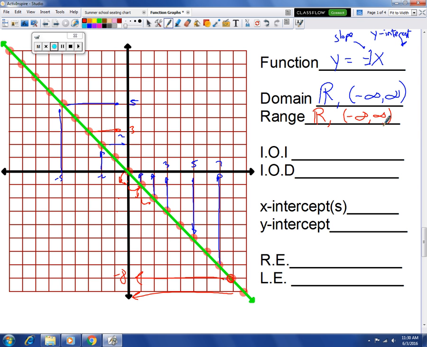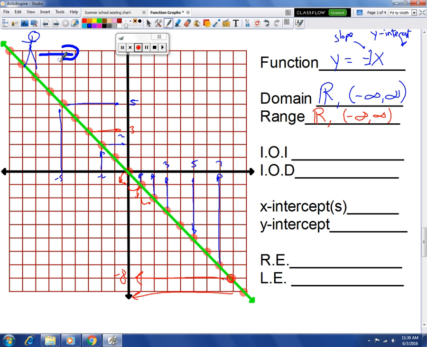Alright, interval of increase. Okay, this will be different, as you can imagine already. Start your little man as far left as you can imagine. Even just visually, you don't have to actually draw him. Make him go to the right, always. Alright, so this time what's happening? As he's going, where's he going up? He's never going up.